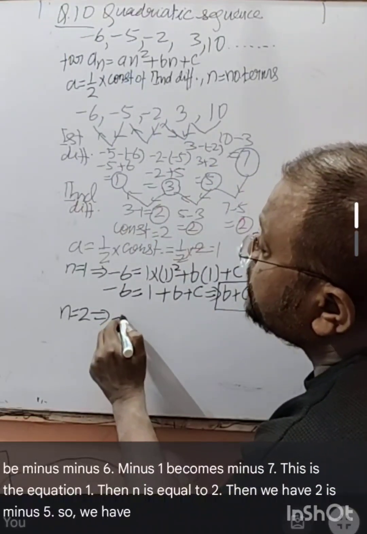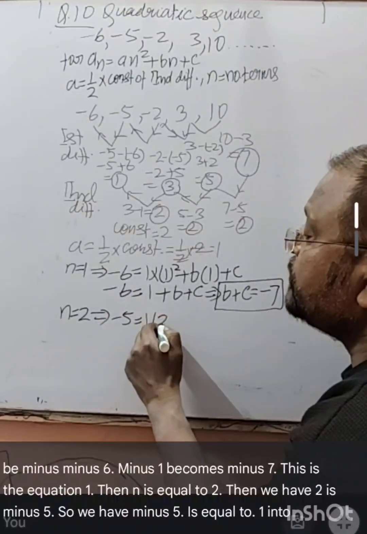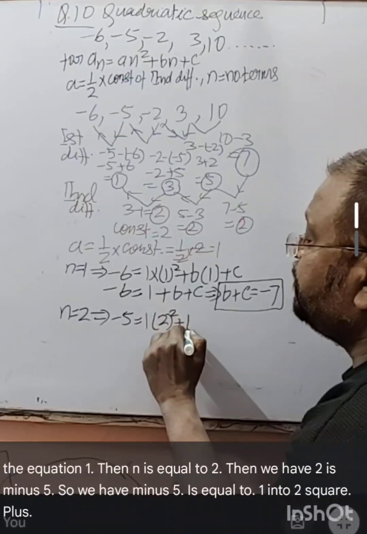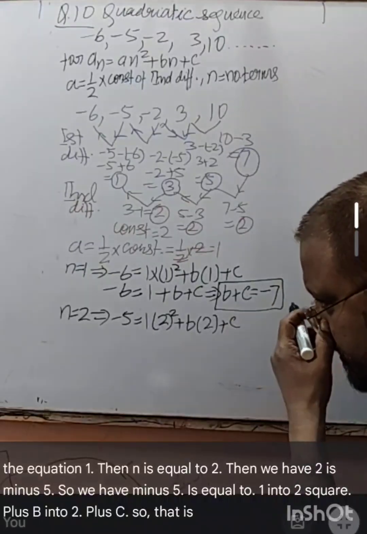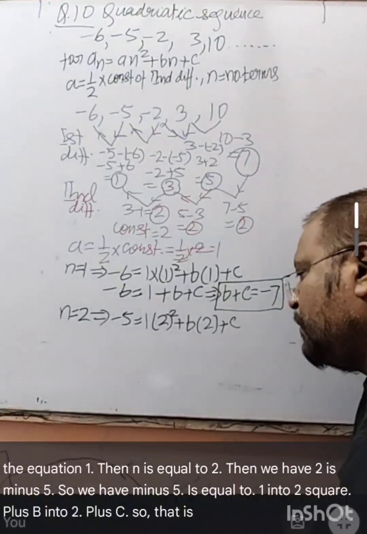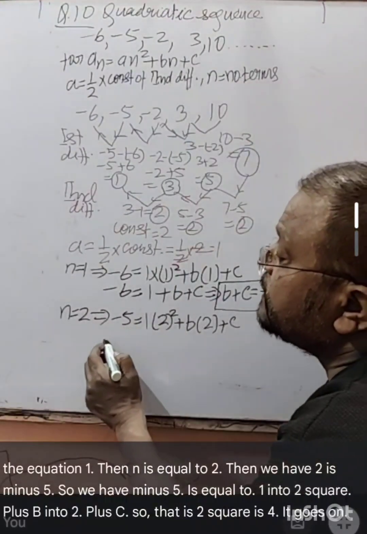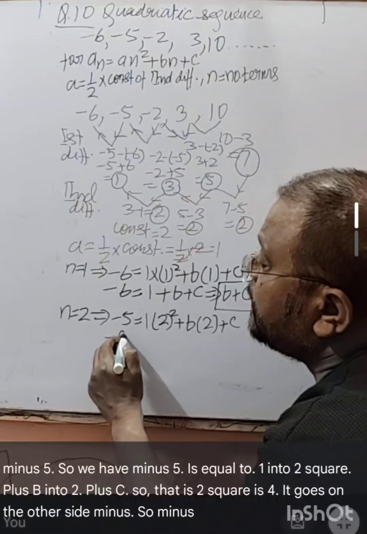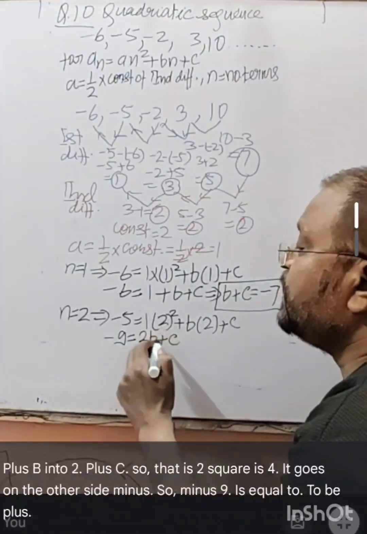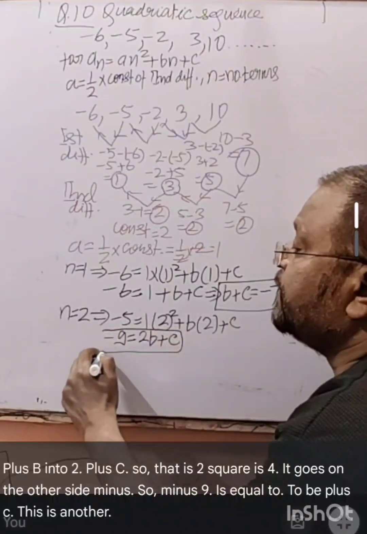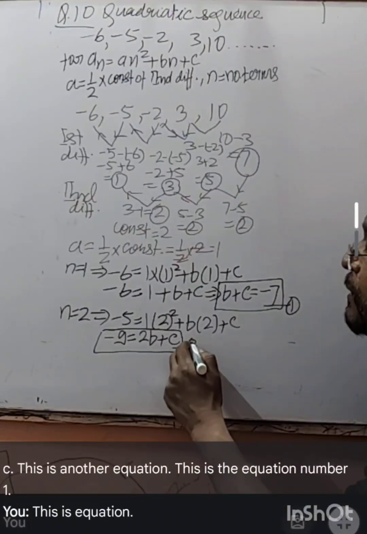So we have -5 is equal to 1 into 2 square plus b into 2 plus c. 2 square is 4. It goes on the other side, minus. So -9 is equal to 2b plus c. This is equation number 2.